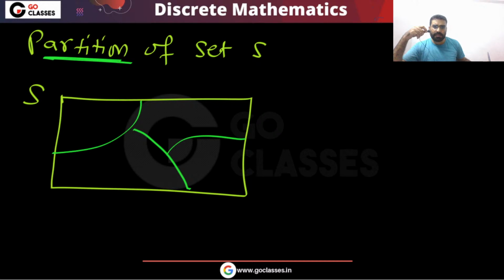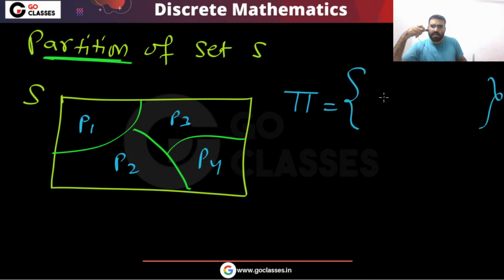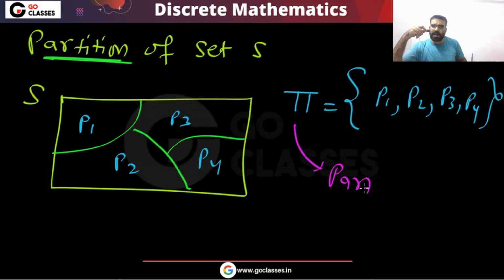This is part 1, part 2, part 3, part 4. So I can say this is a partition of S in which you have 4 parts. This is called partition, and this is called a part of this partition.